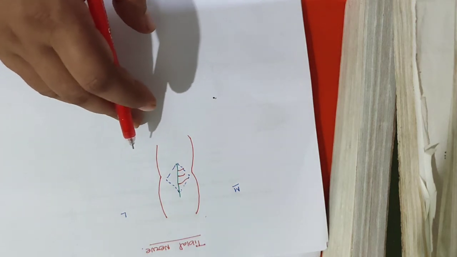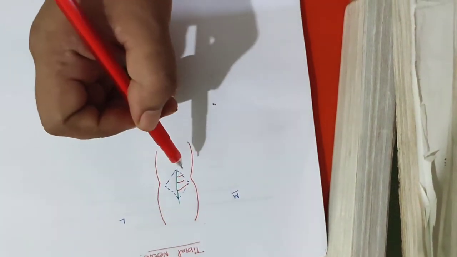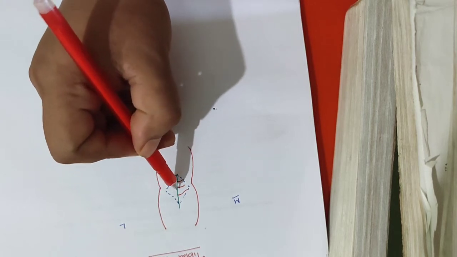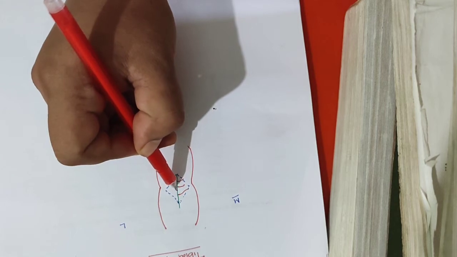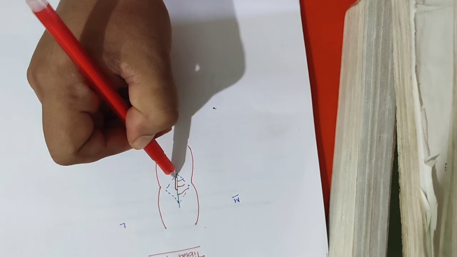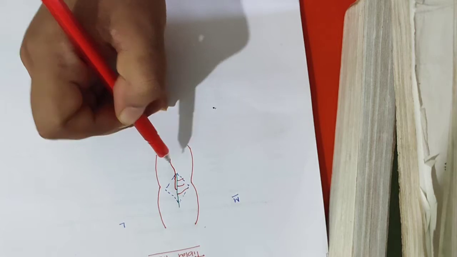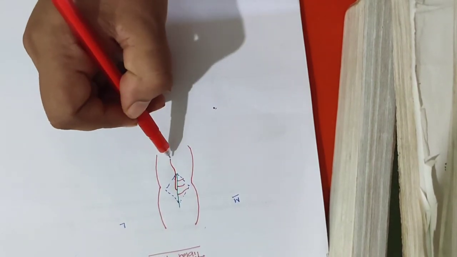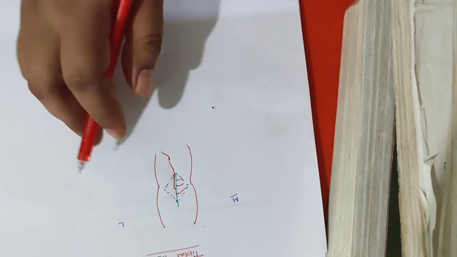Now, there is also a cutaneous branch, called the sural nerve, which arises from the middle of the popliteal fossa like this, goes to the inferior angle of the popliteal fossa, then goes to the posterior part of the leg, and ultimately runs on the lateral side of the leg.